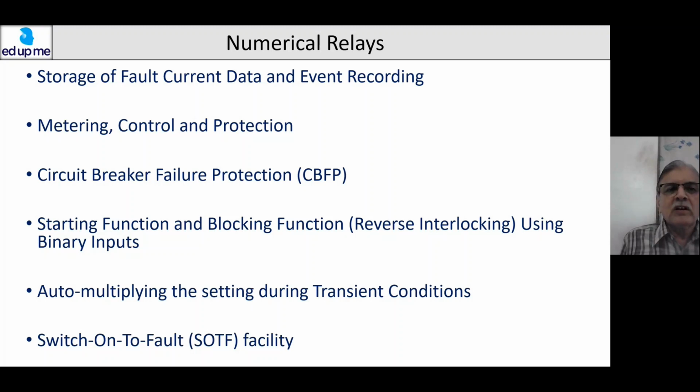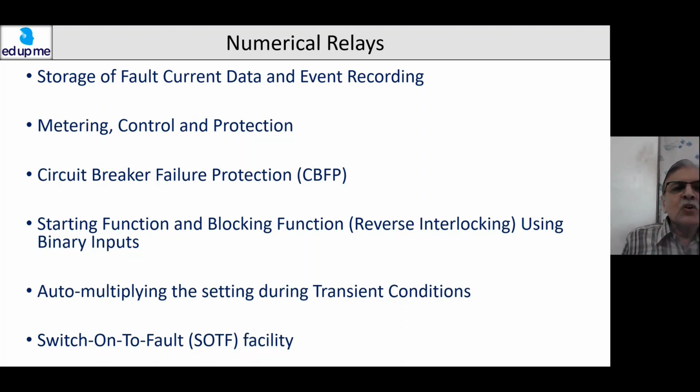The readily plotted wave shape will be available at the time of fault. And any event that occurs with reference to protection, or with reference to normal operation also, either any breaker is on or any breaker is off, something happened in the system, those events are also recorded.